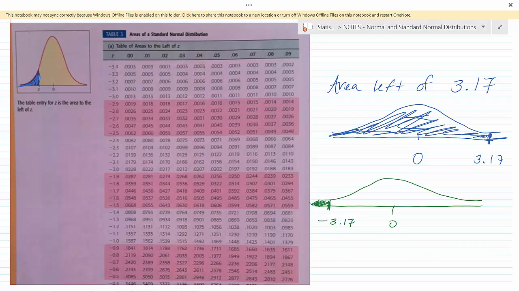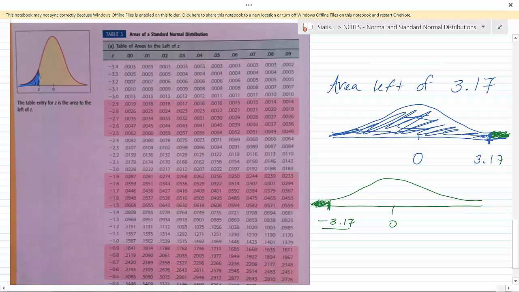Remember, the curve is symmetric. So this area that I've drawn to the left of negative 3.17 is the same as the area to the right of positive 3.17. And you should keep in mind that the total area under the curve is 1.